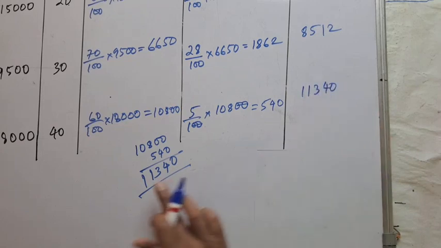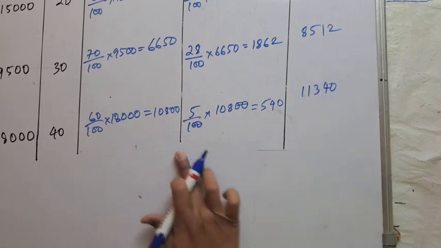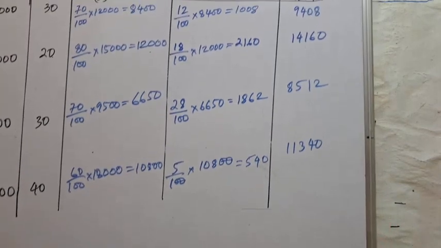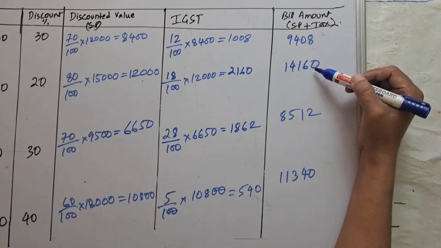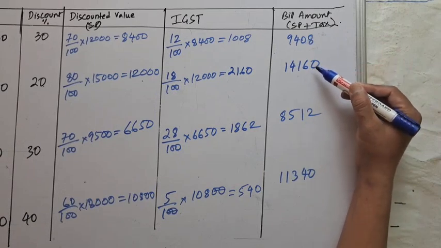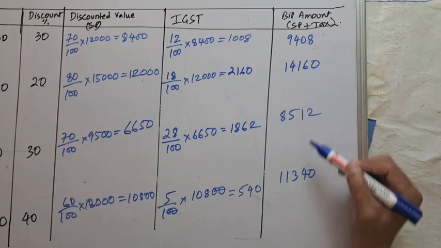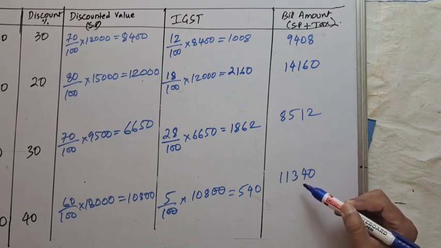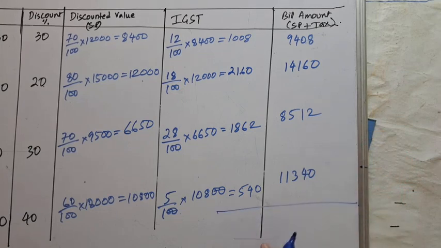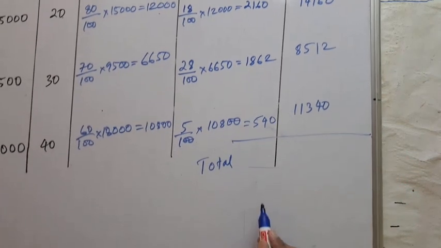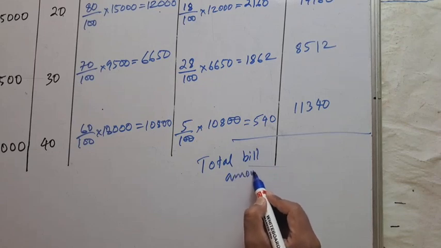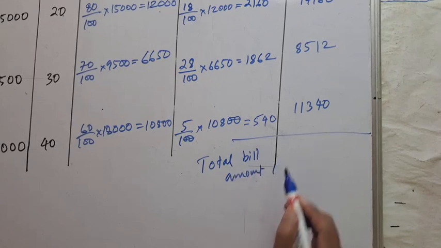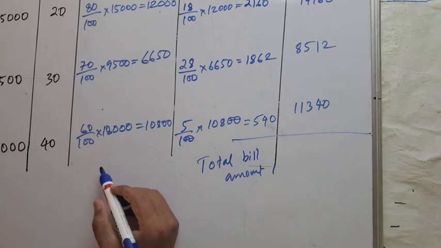11,340. Okay, so let us add up all the bill amounts to get the total bill amount. We add up 9,408, 14,160, 8,512 and 11,340. So the total bill amount will be equal to the sum of all these, isn't it?